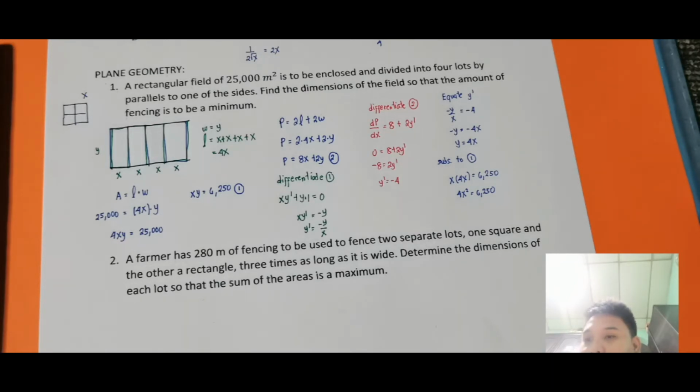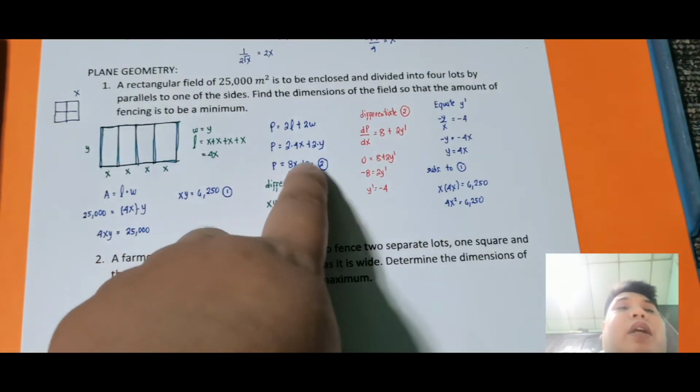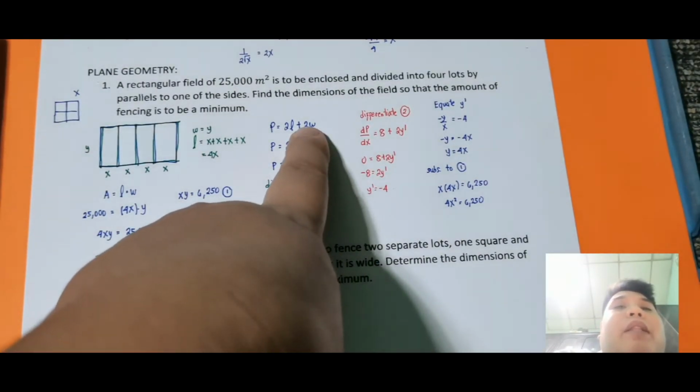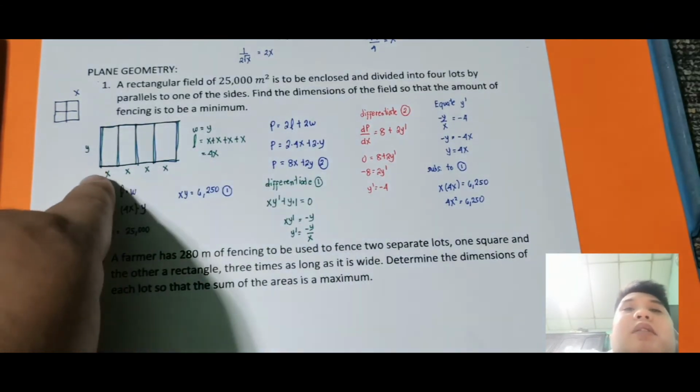Tama ba? Okay, sorry, may nakalimutan si sir. So ang nakalimutan ni sir is yung ating y. Okay, so may mali si sir dito, somewhere dito. Okay, yung length ng width natin, so pansinin nyo yung ating length, 4x.